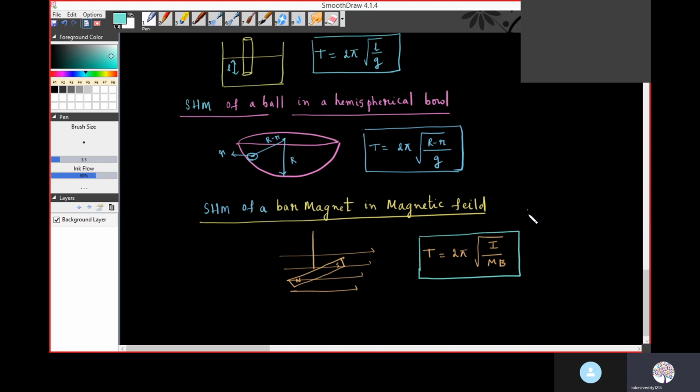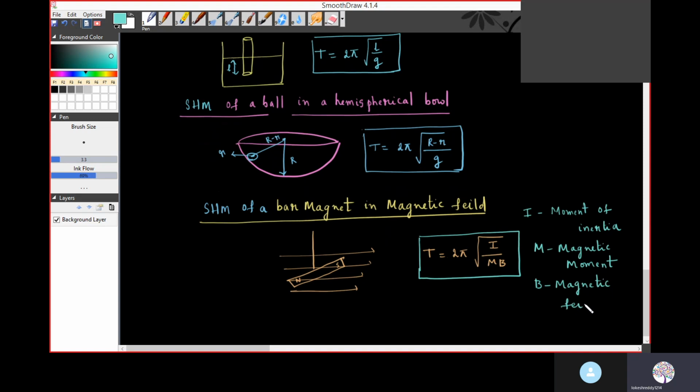We study this in detail in magnetism. I is moment of inertia, M is magnetic moment, and B is magnetic field.